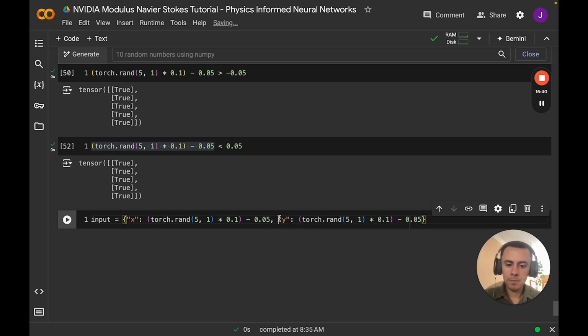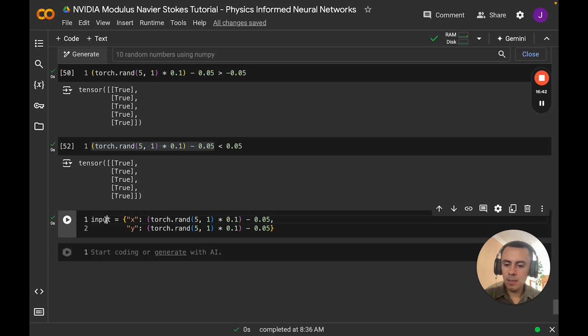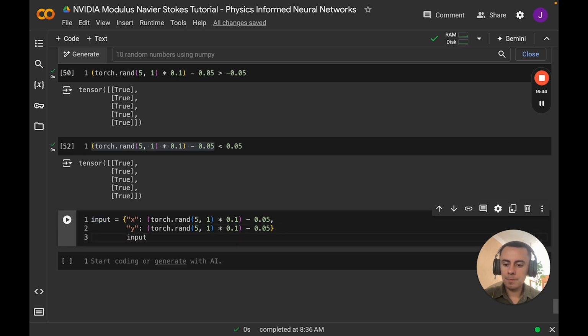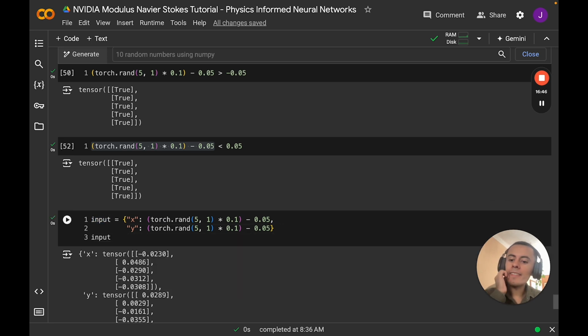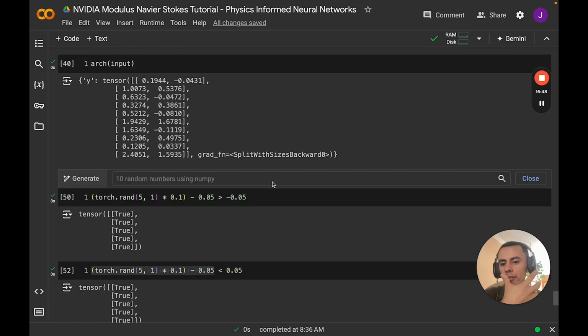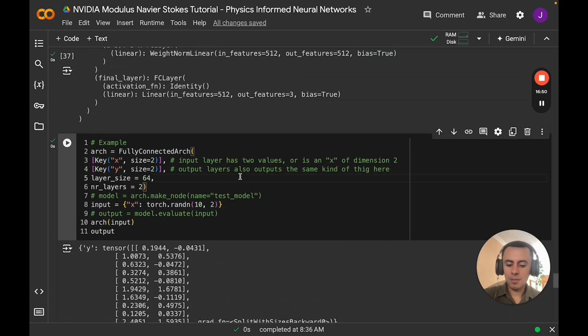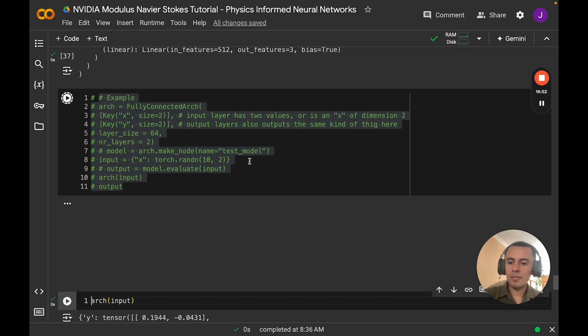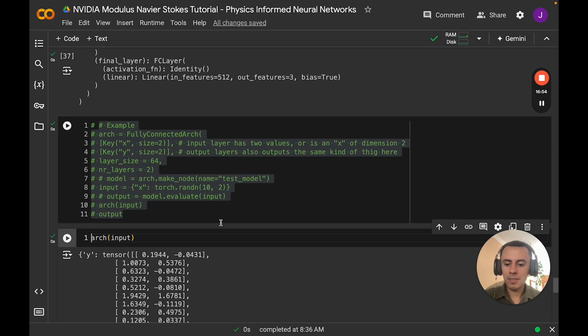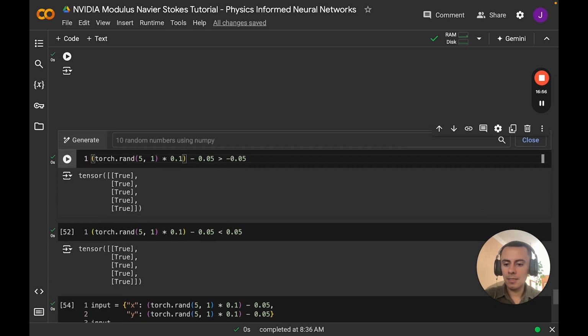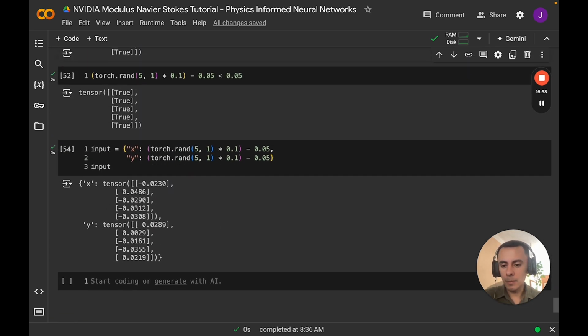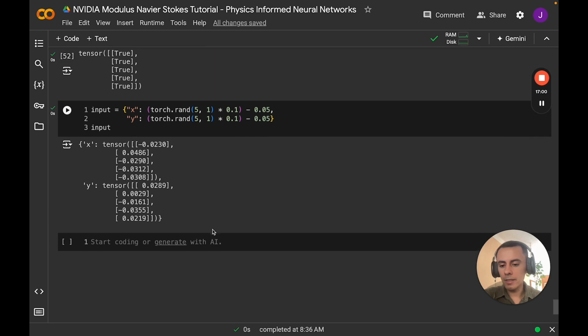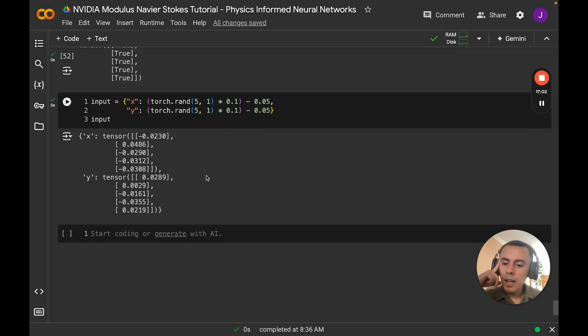Okay. Now we have the kind of input that we want for our problem. Obviously, we don't want all of this stuff. This is not part of our problem, so we can forget about it for a moment. It has nothing to do with our problem. It was just an example of PyTorch a little bit with these architectures.